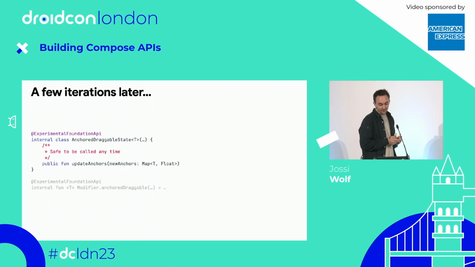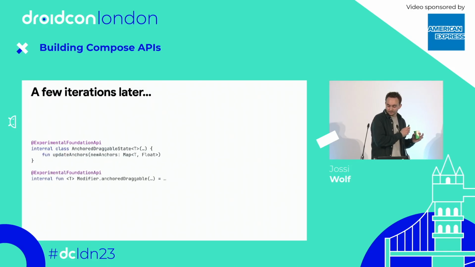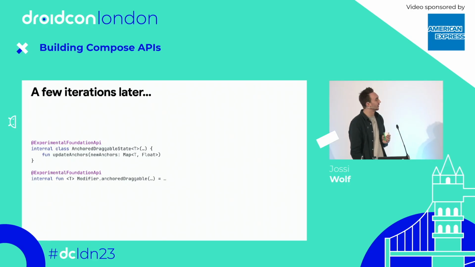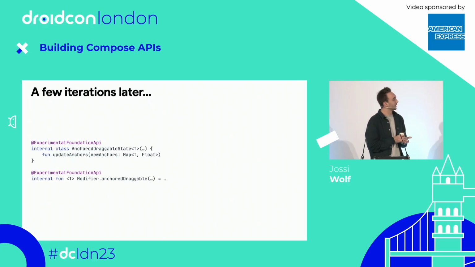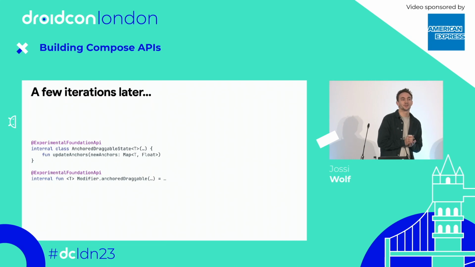And that actually let us remove the modifier.swipeAnchors because we were able to simplify a lot and make things a lot more safe, and ended up with a nice API where we now essentially have an anchor draggable state and a modifier.anchorDraggable that you can use and an update anchors method. And I'm sure we will simplify this more in the future. We have a bunch of things in mind.